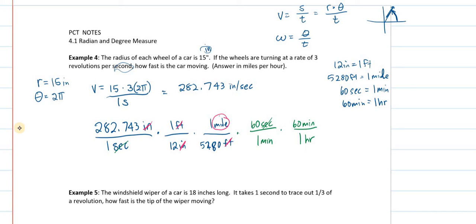And if you do that, you should get 16.065, and this would be miles. And then just to prove it that it's hours, this minute cancels this minute, the seconds already canceled, and there's an hour. So miles per hour. And that would be how you convert it.